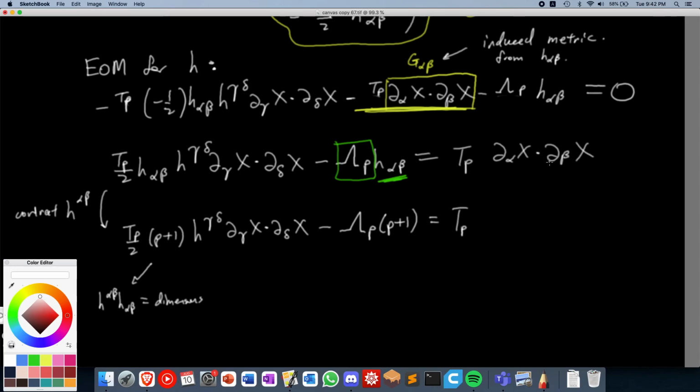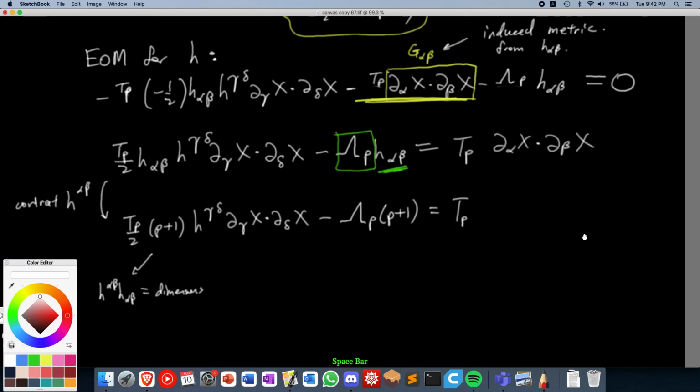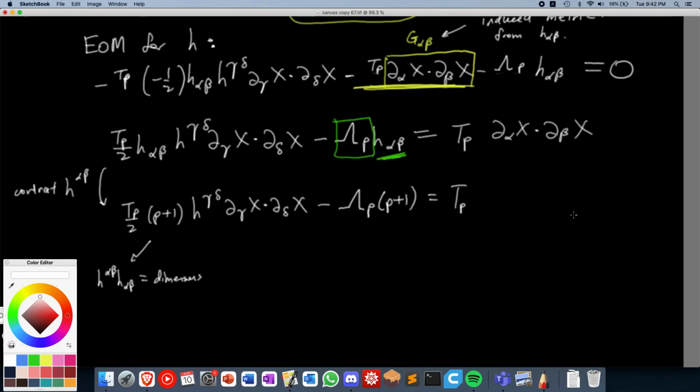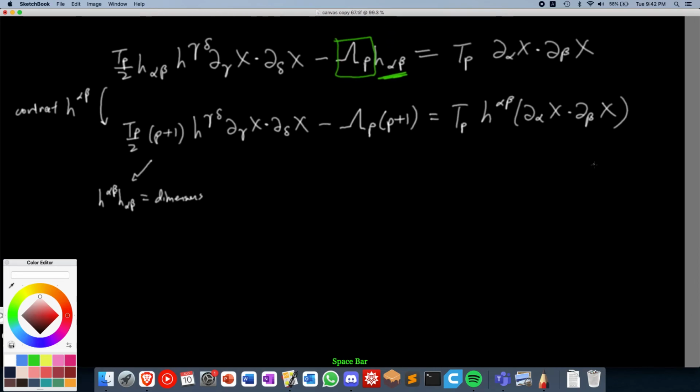And over here, what happens when we do the contraction? Okay, we'll write it like that first. So we want to ultimately substitute.